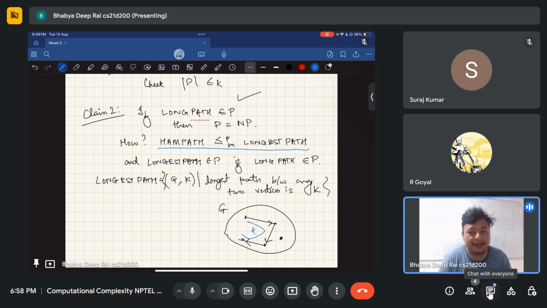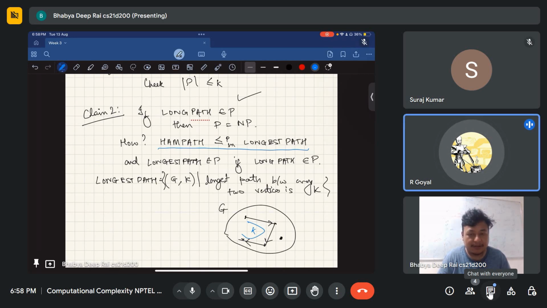Good. And what is a Hamiltonian path? It visits all the vertices, like you said. If there are n vertices, then what is the length of the Hamiltonian path for a path which visits all the vertices? N minus 1, exactly.